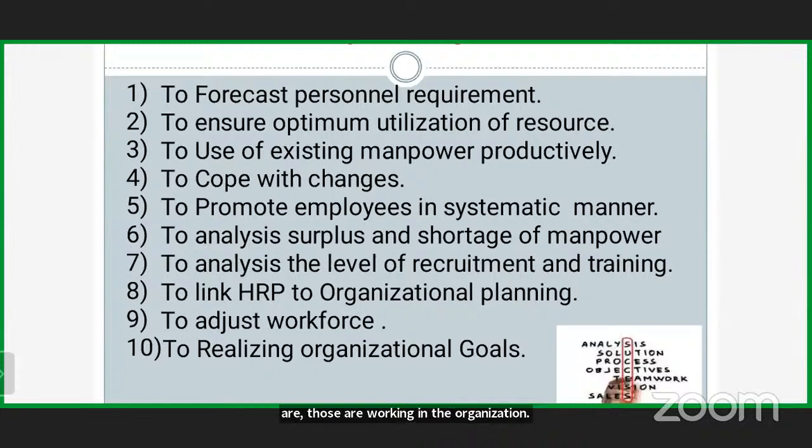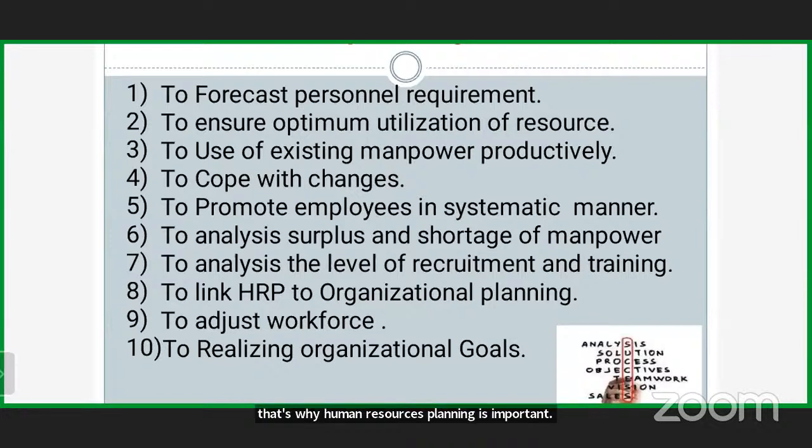What does changing environment mean? As per the change in the market, social, technological and economic factors, many things change day by day, internally and externally. So we can manage the human resource in such a manner that they can adjust to any situation and manage any kind of environment, right? That's why human resource planning is important.